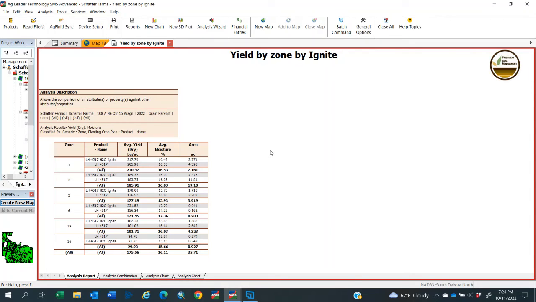The water with Ignite and the starter with Generate. That's what we were trying to measure. This is the measurement. I'd say it's hugely significant. That's the way I analyzed it.